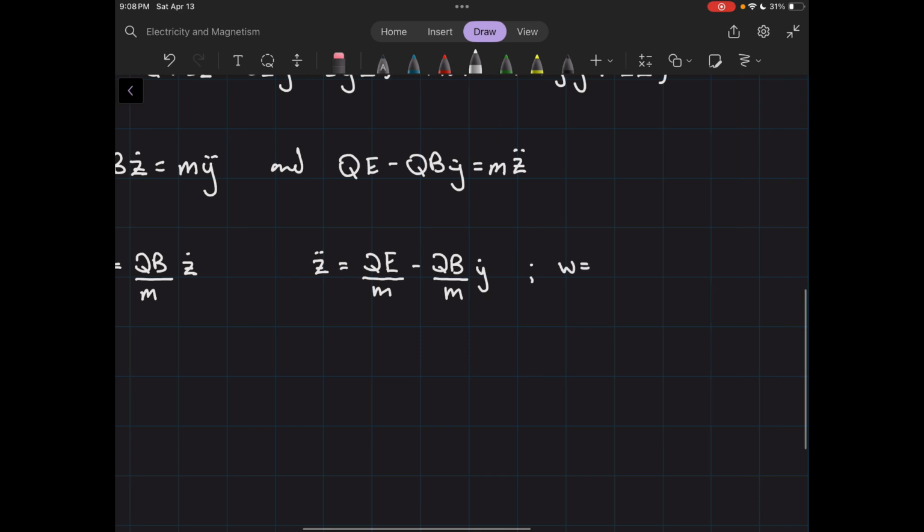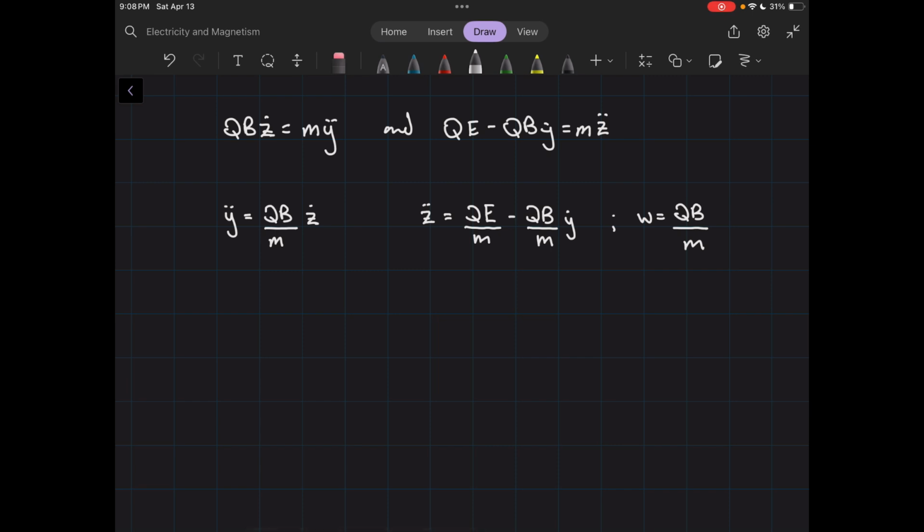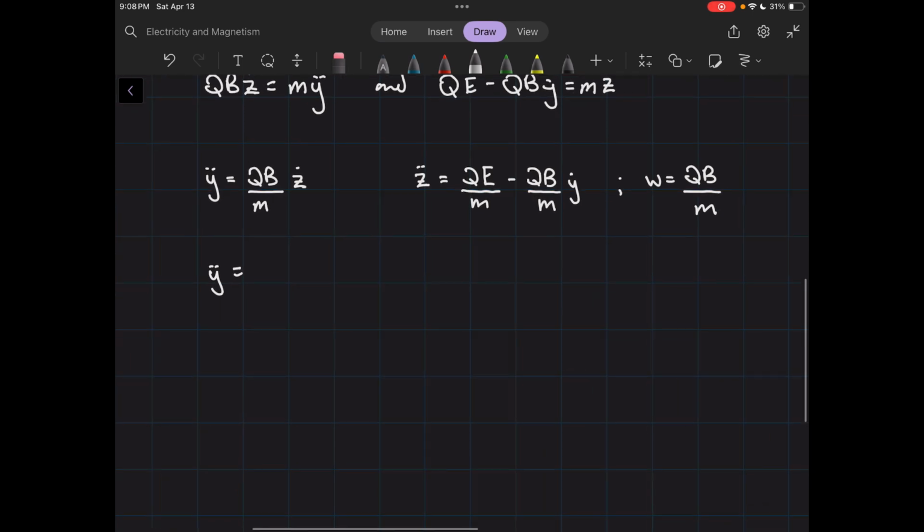So omega is equal to QB over M, which we've covered in advanced classical mechanics. So then y double dot equals omega z dot.